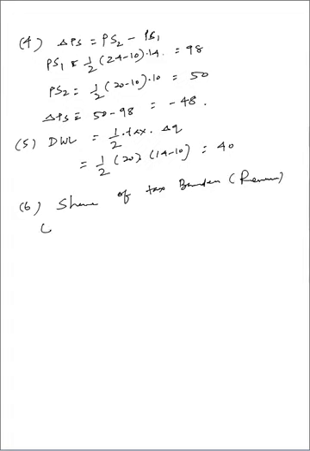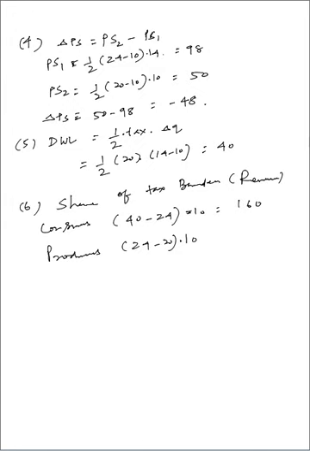For consumers, how much they will share is 40 minus 24, times 10, that is 160. And for producers, it will be 24 minus 20, into 10, that will be 40.